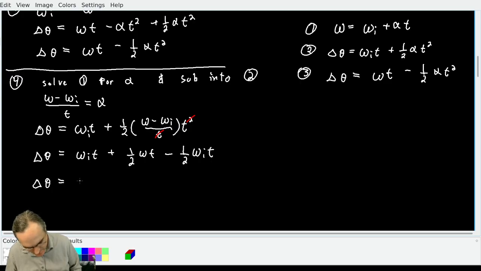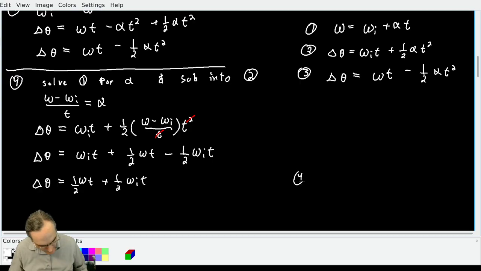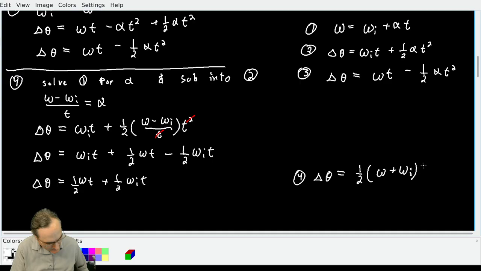Simplifies to 1/2 omega final t plus 1/2 omega initial t. And that gives us our fourth equation, which is the change in position is 1/2 omega final plus omega initial times t.